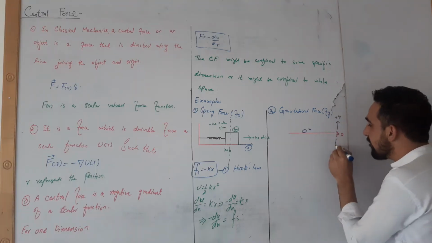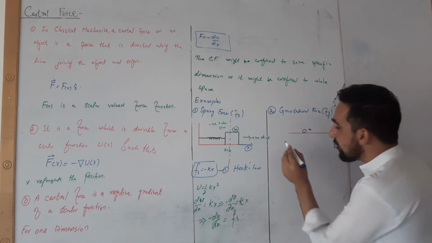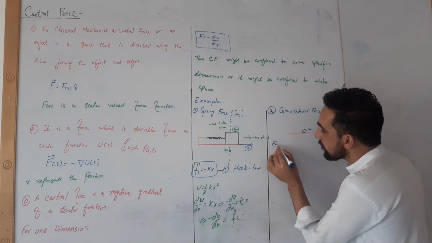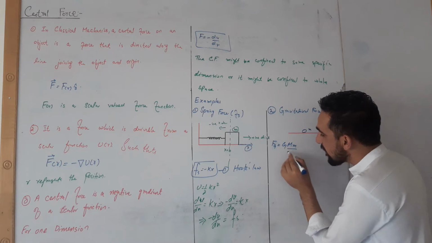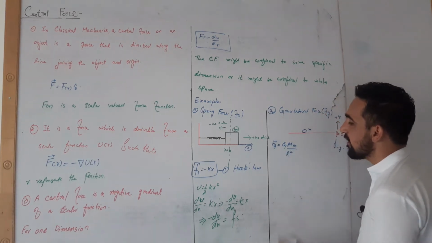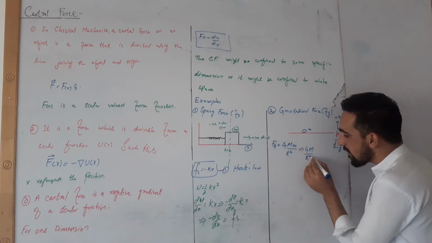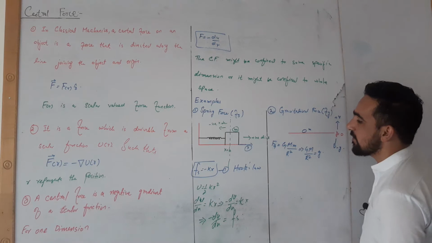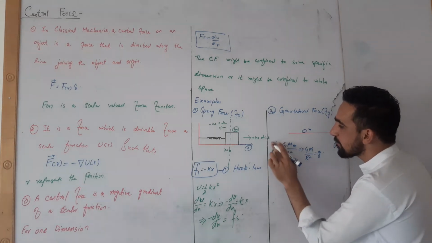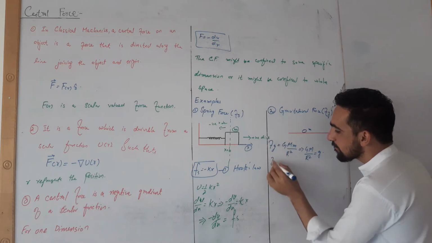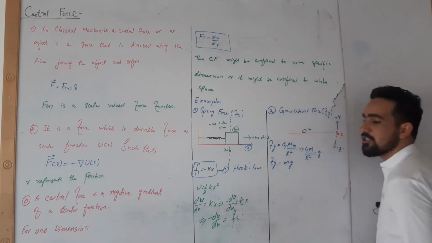Going up is positive y, and if we go down, this will be negative y. The gravitational force according to Newton, Fg is equal to G times mass of earth times mass of object divided by radius of earth square. But GM divided by r square is small g, that is, the gravitational acceleration. So we have Fg is equal to mg.